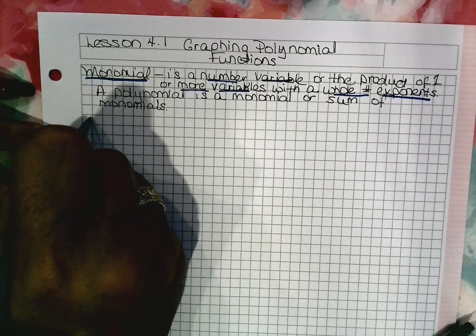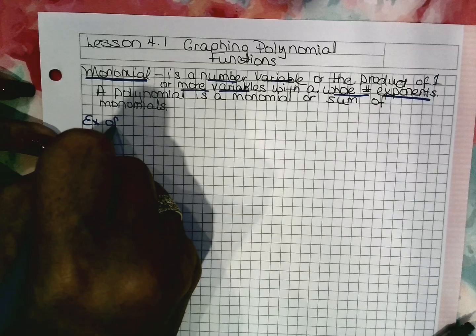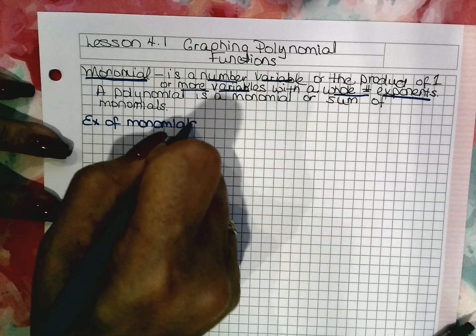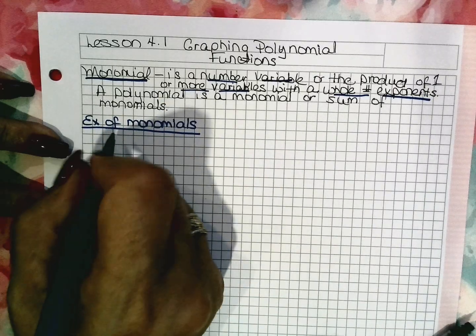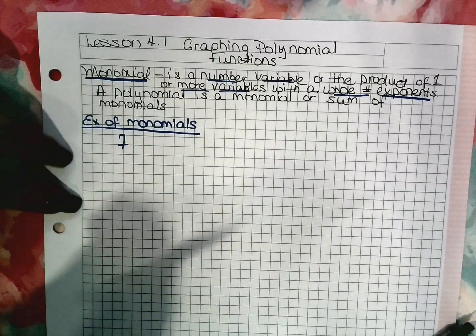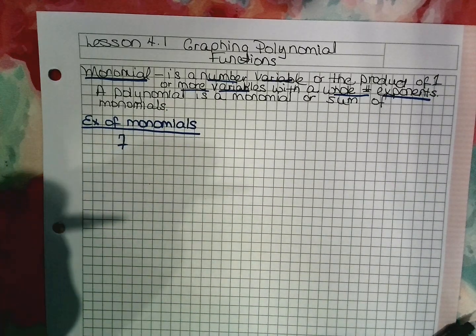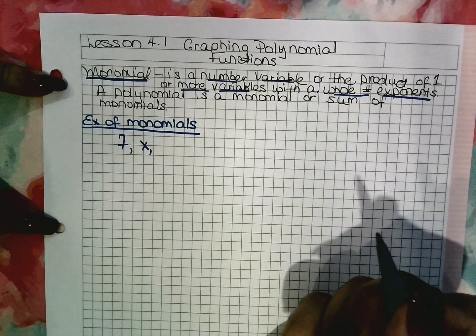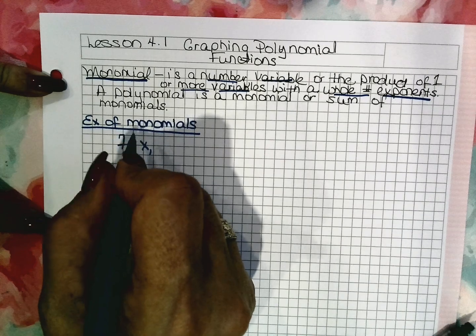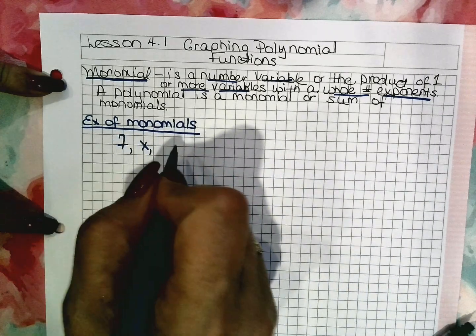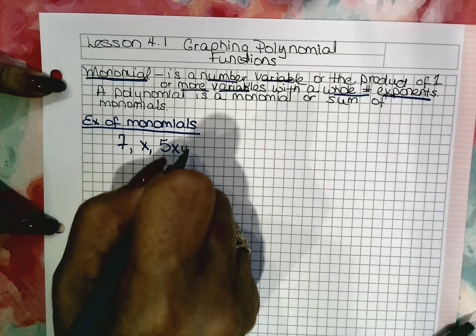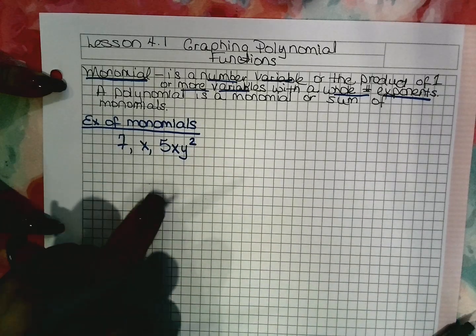So let's do examples of monomials here. Okay, so a number, 7, that's a monomial. A variable, x, that's a monomial. The product of a number and one or more variables, so maybe 5xy squared, that's a monomial.